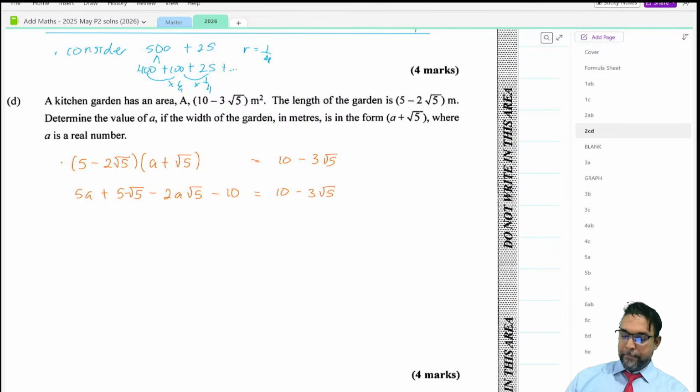Let's rearrange and bring all the like terms together. We'll have the 5a minus 2a root 5 here, and then plus 5 root 5 minus 10, that's equal to 10 minus 3 root 5.